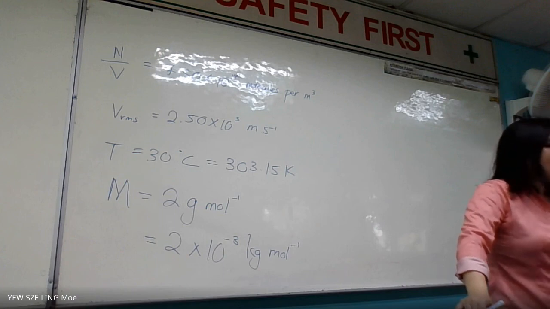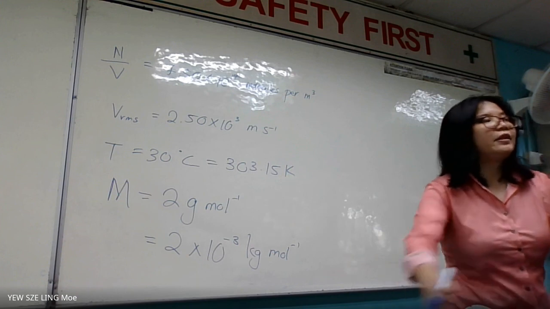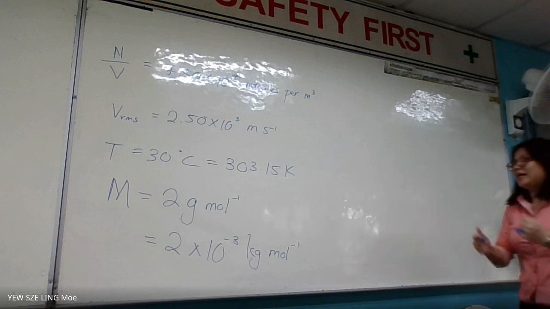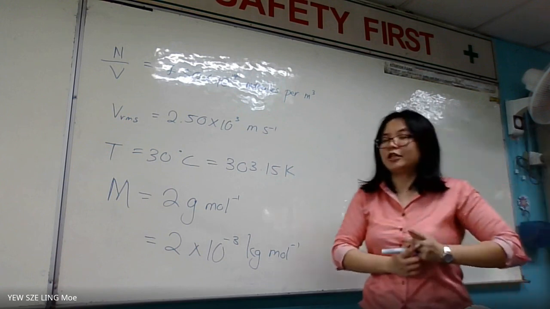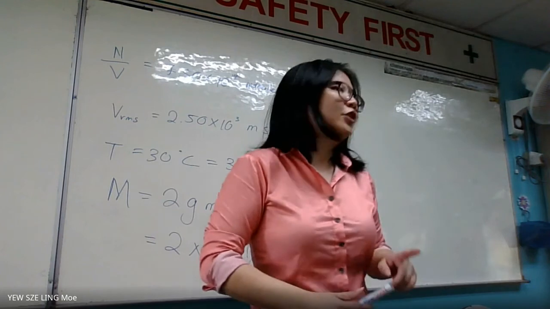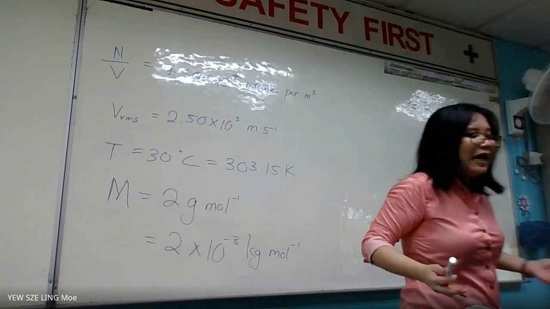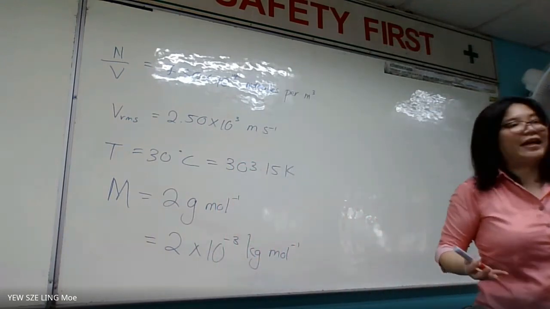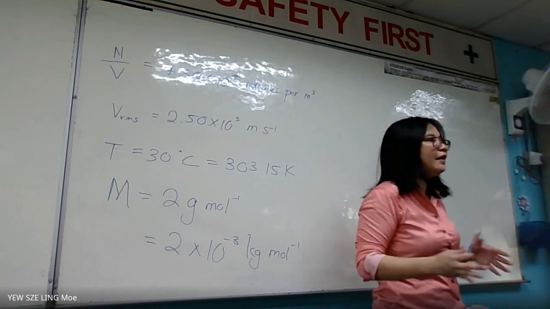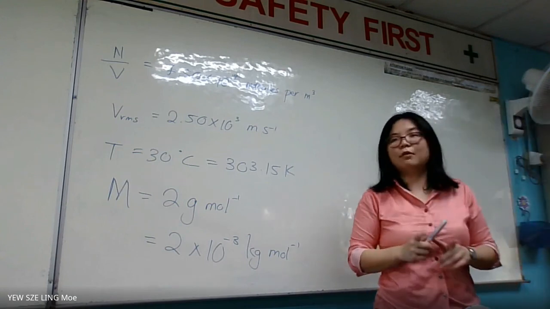Question A, calculate the average translational kinetic energy. The question is asking for translational kinetic energy, not the average total kinetic energy, not rotational energy. So even though hydrogen gas, H2, is diatomic, it doesn't matter, because now we are only looking at translational motion.